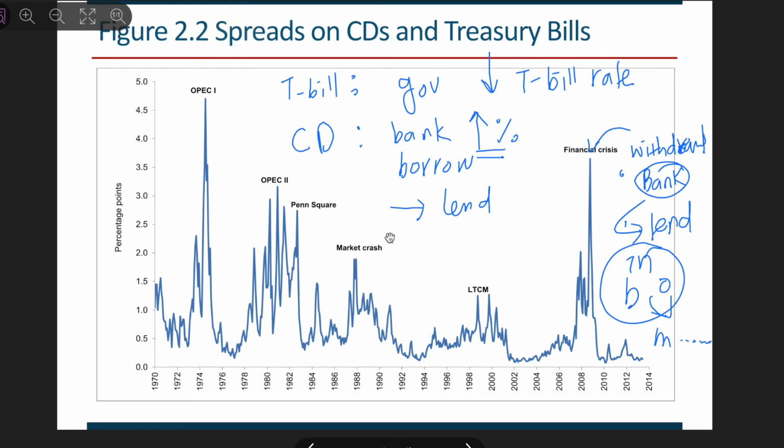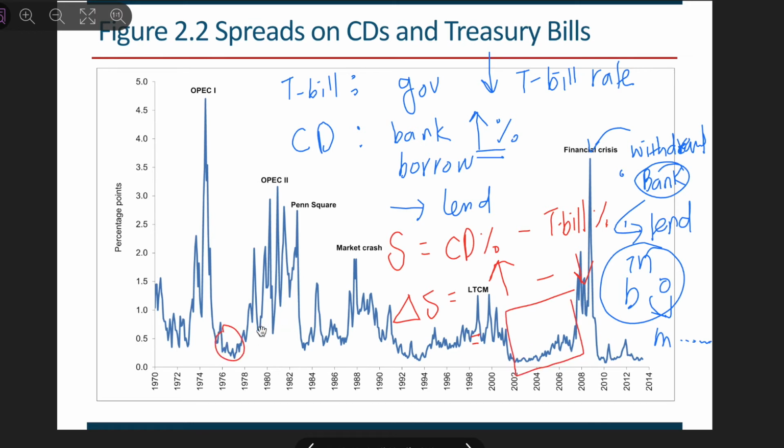Once again, the spread was CD rate minus T-bill rate. CD went up and T-bill went down, so we're seeing a bigger spread than in the normal years. That's how we understand the CD and Treasury bill spread and the relationship.